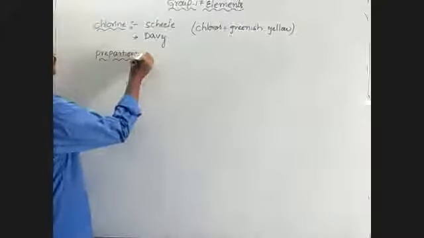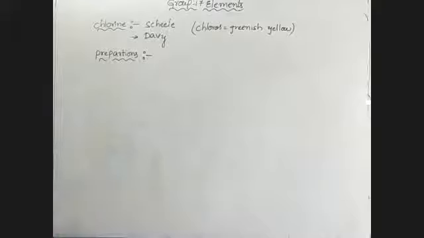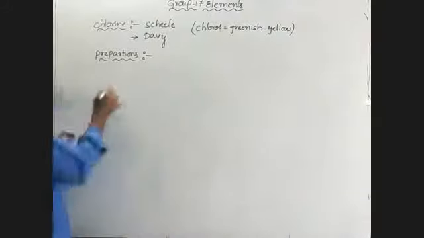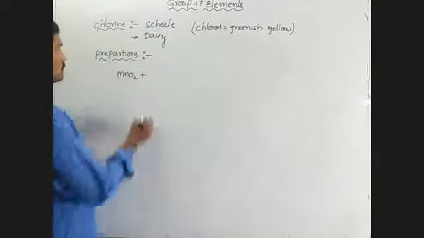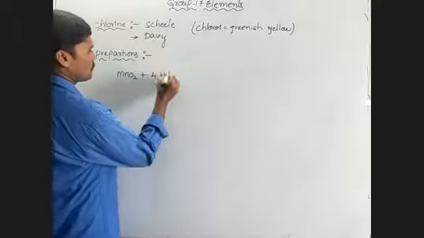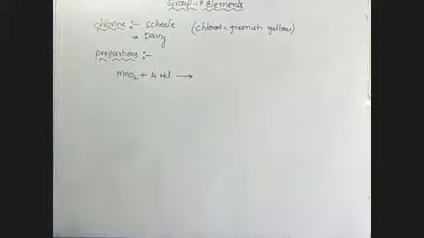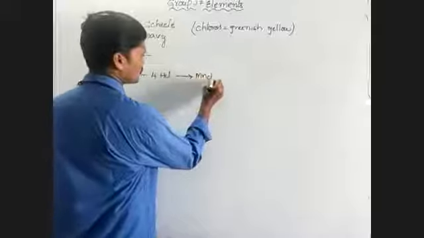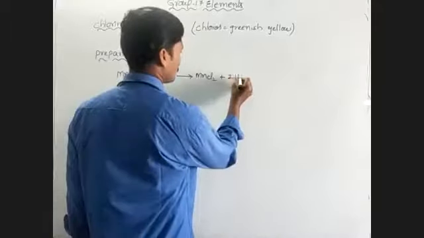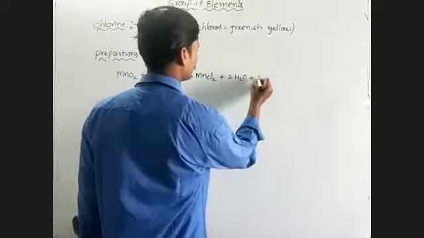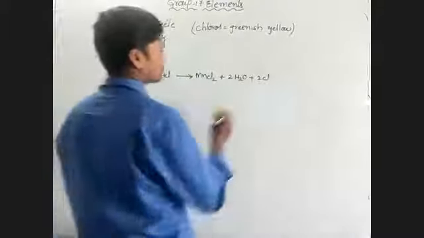of chlorine. First, by heating manganese dioxide with concentrated HCl. This is manganese dioxide, MnO2. When combined with hydrochloric acid, concentrated HCl, it forms manganese chloride, water and chlorine.